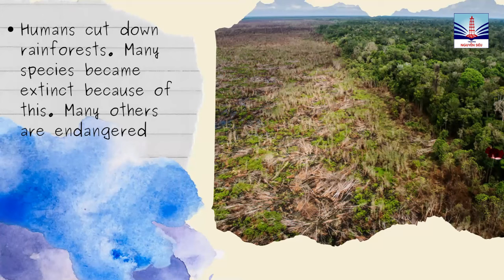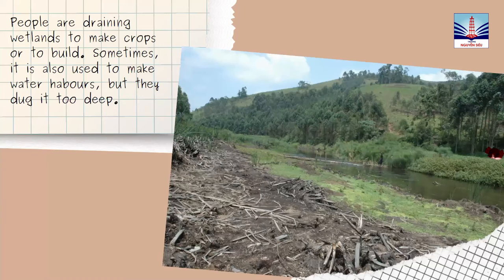So wetlands, people are also draining them to make crops or to build. And sometimes they're used to make water harbors, but they dig too deep. You can see the destruction of the wetlands in the image below. It doesn't look nice at all.